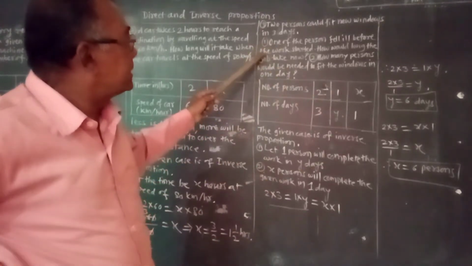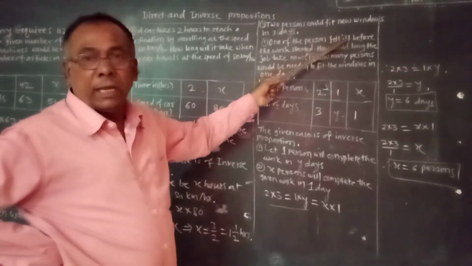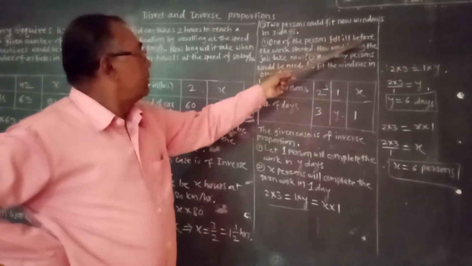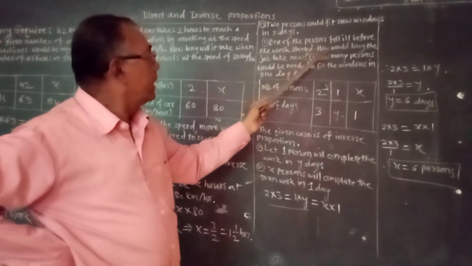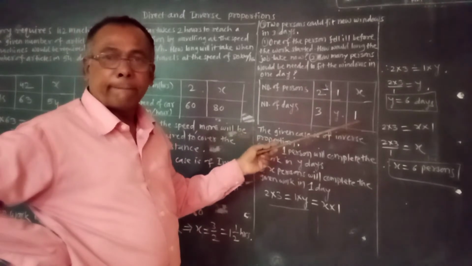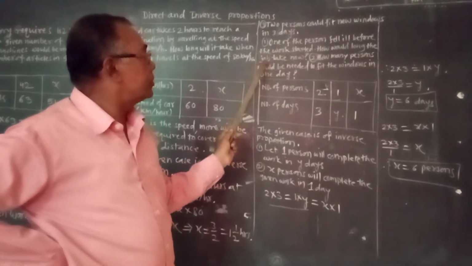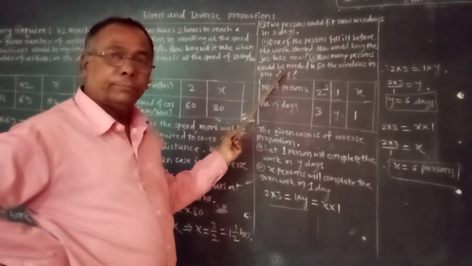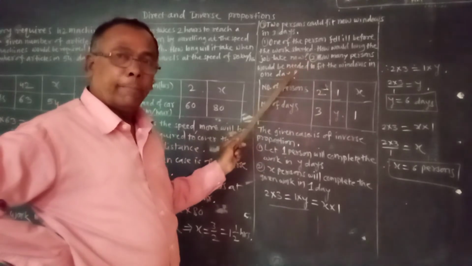The first case is that one of the persons fell ill before the work started. How long would the job take now? And the second question is, how many persons would be needed to fit the windows in 1 day?